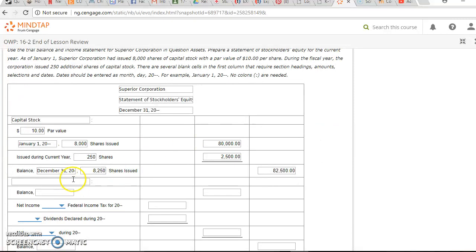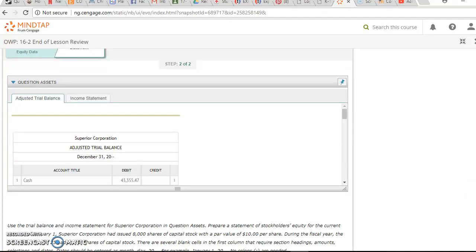Okay, and the second area, remember, is for retained earnings. And the balance on January 1st is, I can look up here.